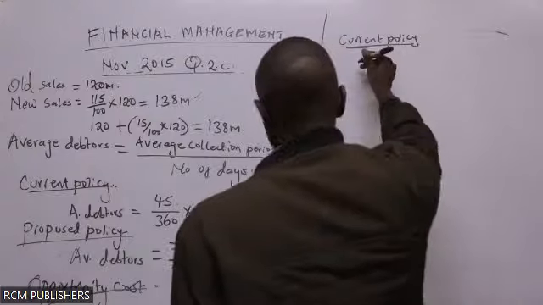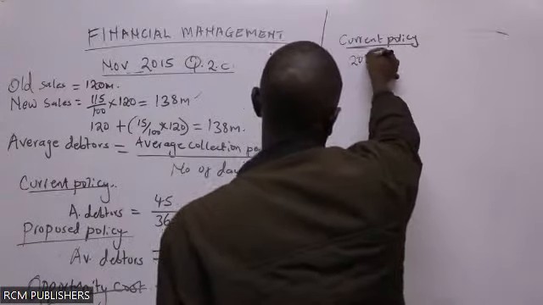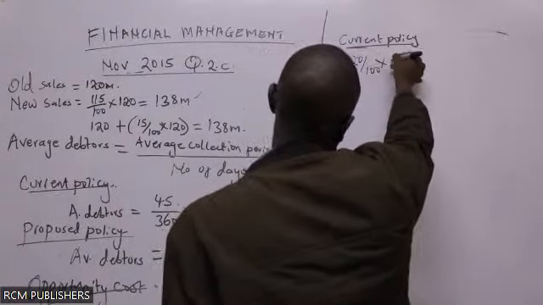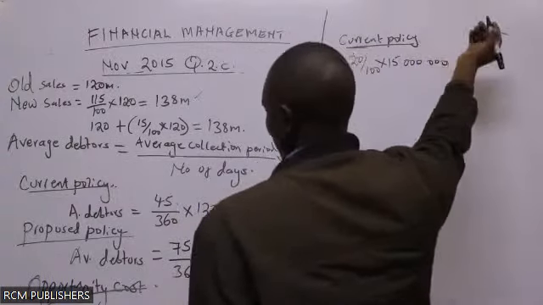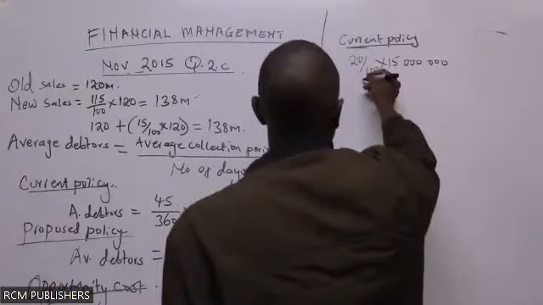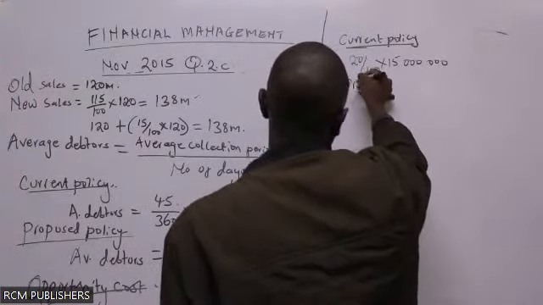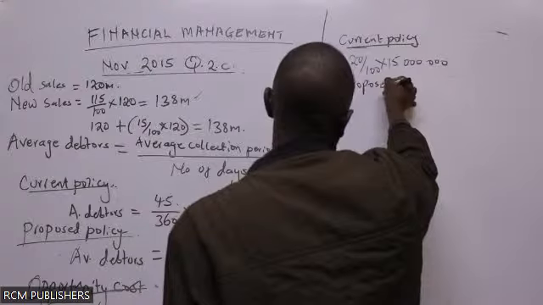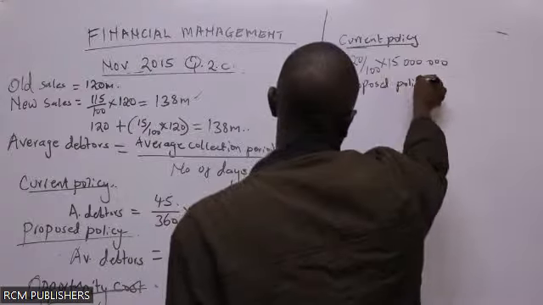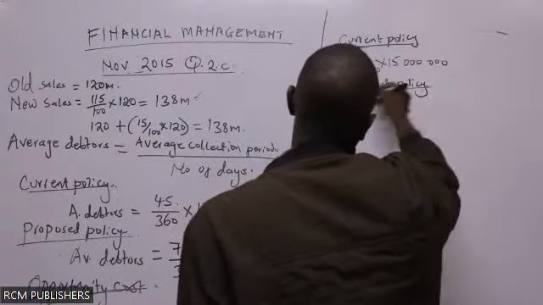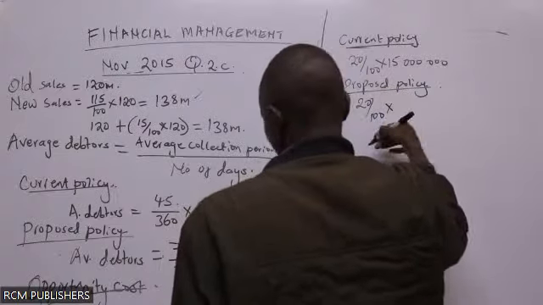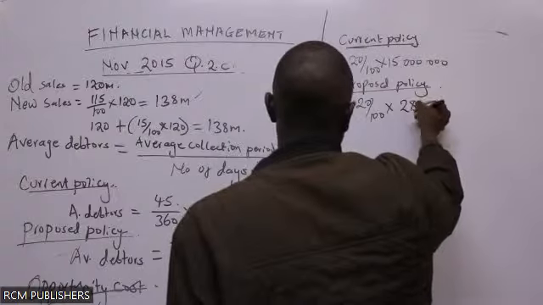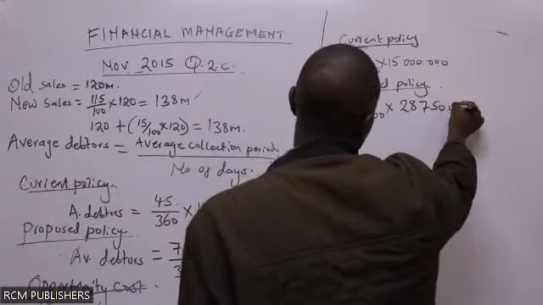So our current policy is 20% of 15 million, which gives 15 million. And then the proposed policy gives 20% return. We are given the return of 28,75,000.